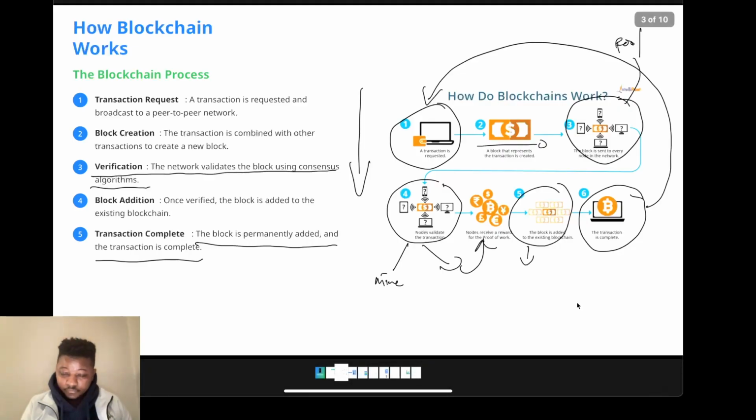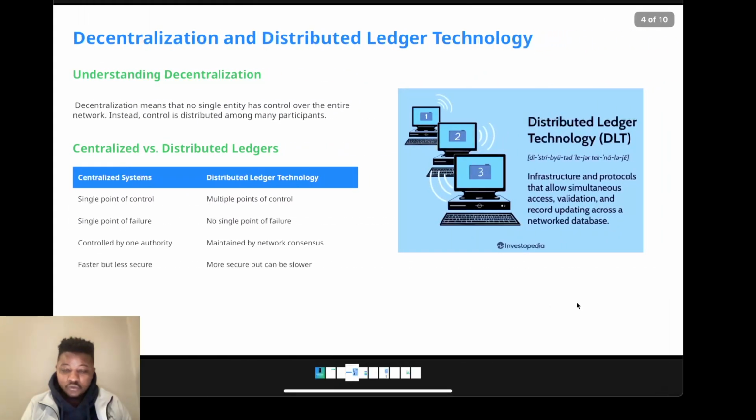Then we move on to what is decentralization. So, decentralization and distributed ledger technology. We're saying decentralized means no single entity can control the entire network. Instead, control is distributed among participants. You remember where we have the pool of transactions.